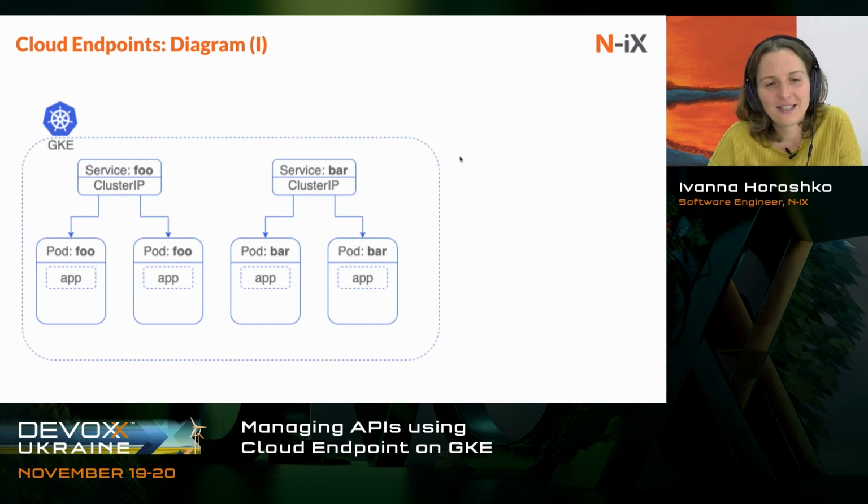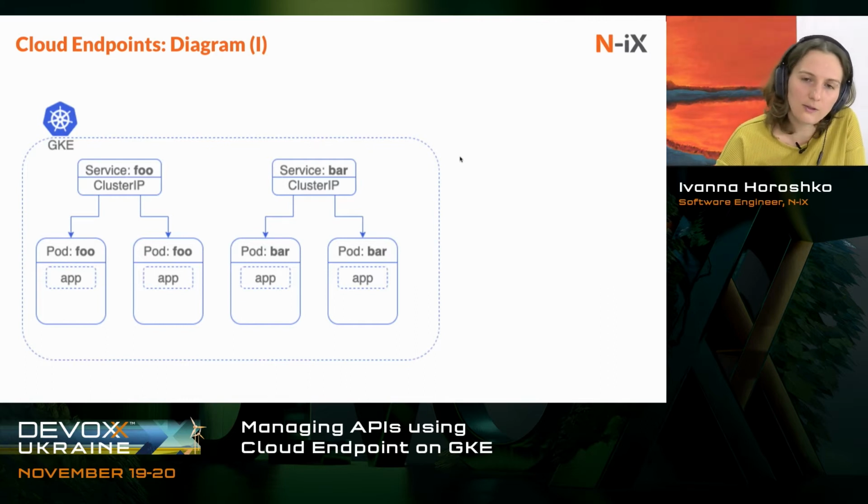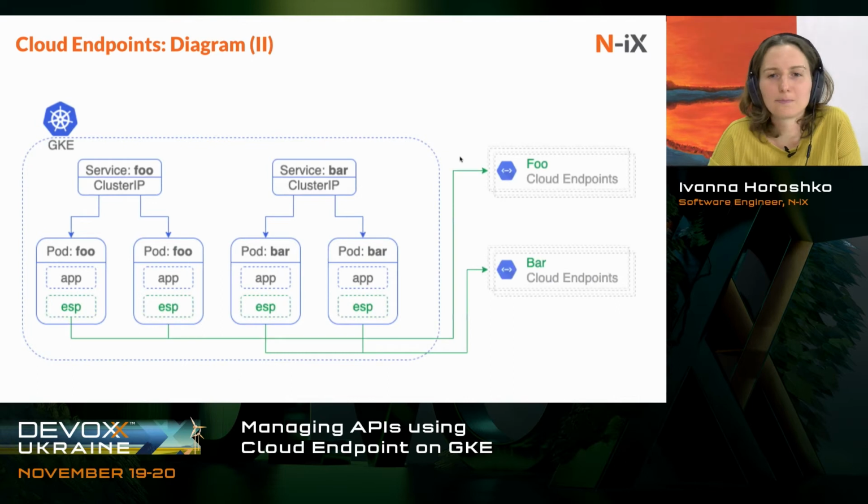You can see that each pod has a single container in it, and it's your application container. And then there are 2 services of type cluster IP, meaning they have an IP address that is private to your GKE cluster. So how will this change if we introduce cloud endpoints?